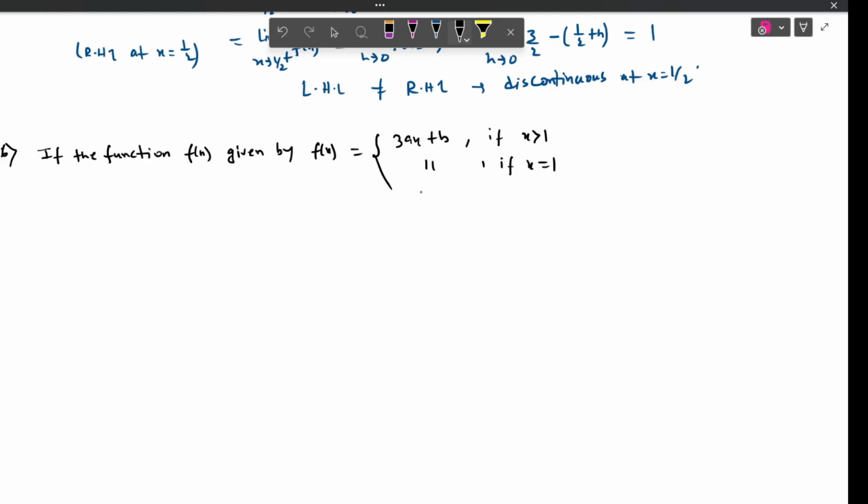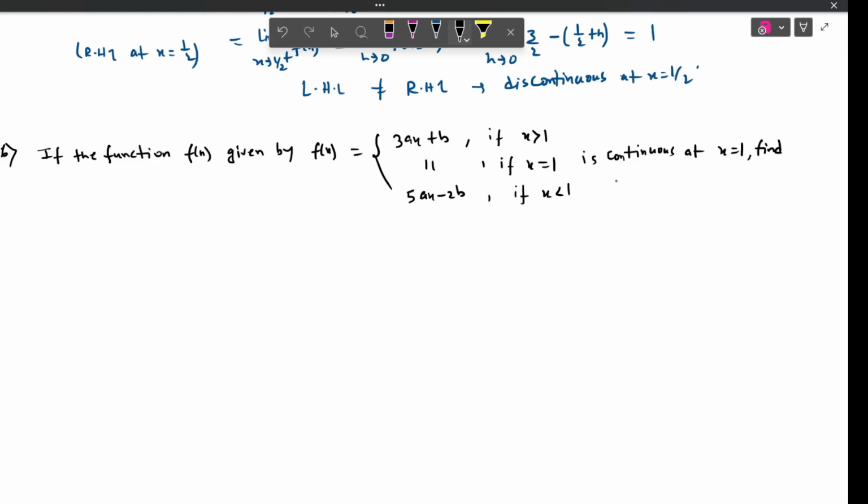If x is 1, then it is 5ax minus 2b. If x is less than 1, is continuous at x equals to 1.